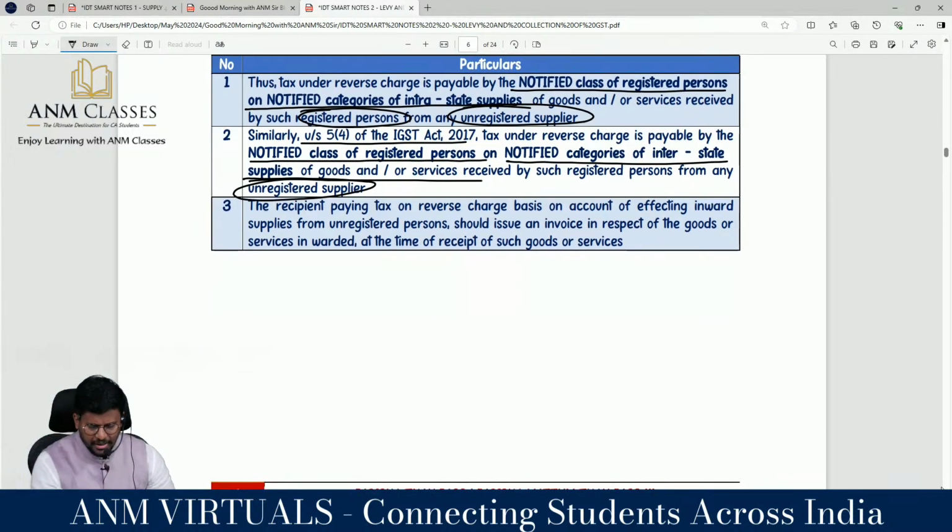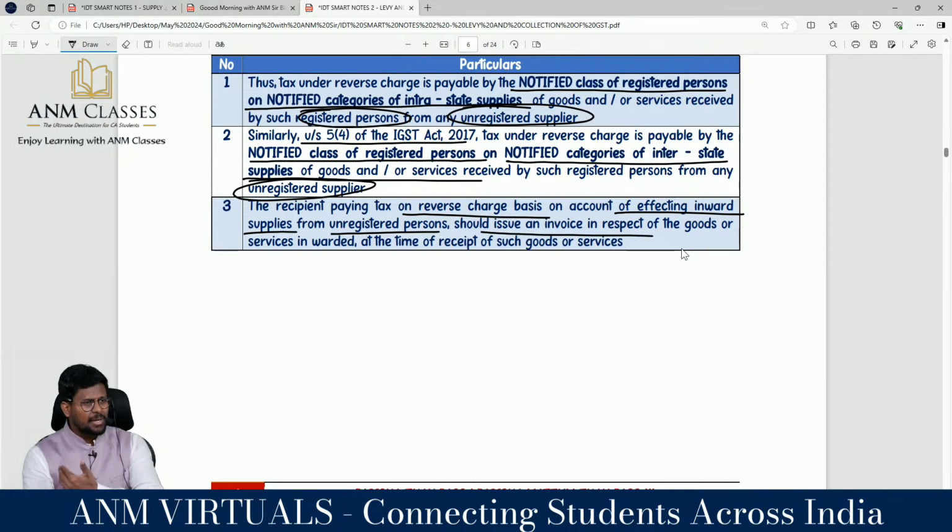The recipient pays tax on reverse charge basis on account of effecting such supply. For inward supply, 9(4) is applicable. From an unregistered person, the recipient should issue an invoice, because since the supplier is an unregistered person, he cannot issue the invoice.